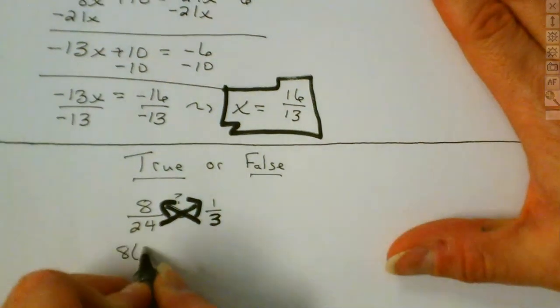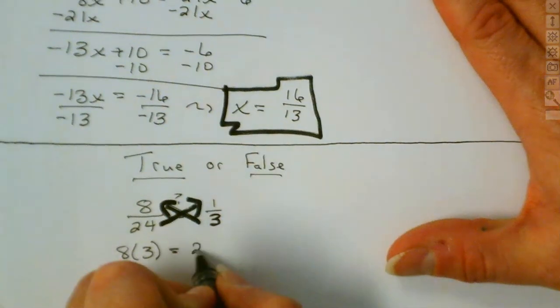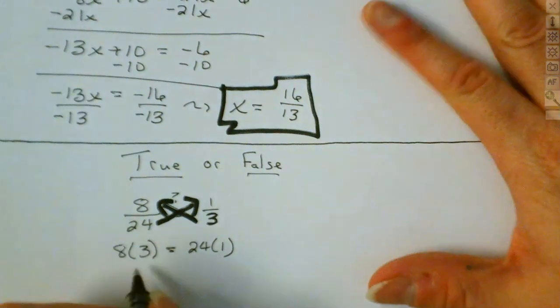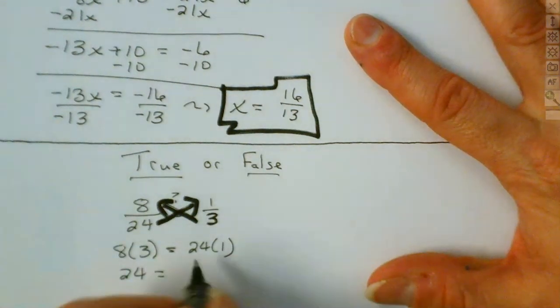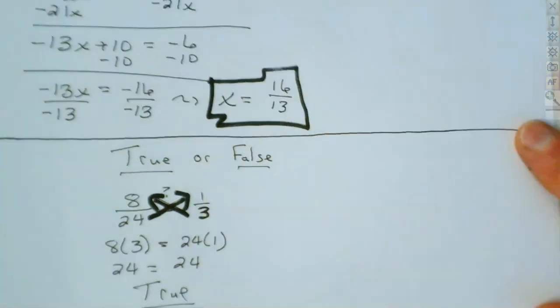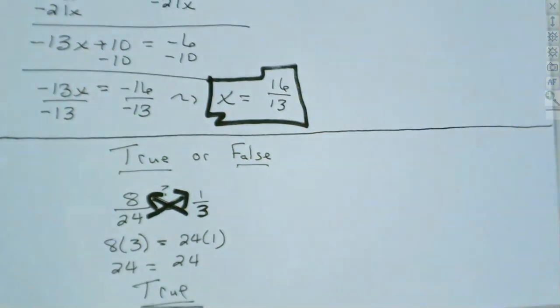So 8 times 3 should equal 24 times 1. Well, 8 times 3 is 24. Does it equal 24? Yes. So that makes it true. So 8 over 24 is the same as 1/3.